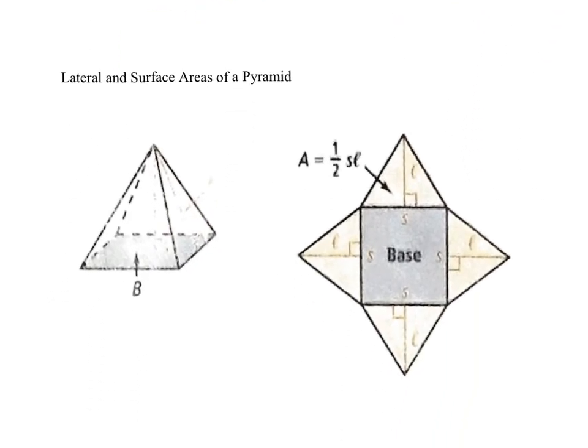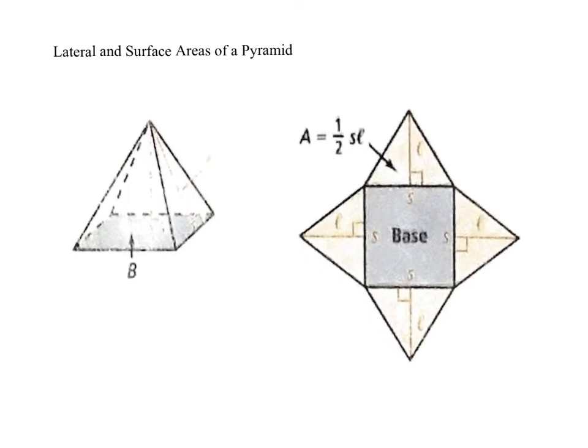Okay. So the formulas that we're going to do today, we're going to talk lateral and surface area of a pyramid. Remember, lateral area is the area of all of your lateral faces. So in this picture, the lateral area does not include the base, right? The lateral area would be 1, 2, 3, 4 identical triangles. If you think about how these triangles are set up, the base of the triangle is the side of the base of your figure.